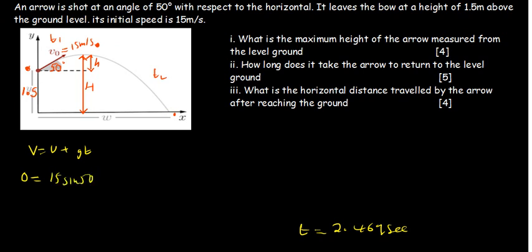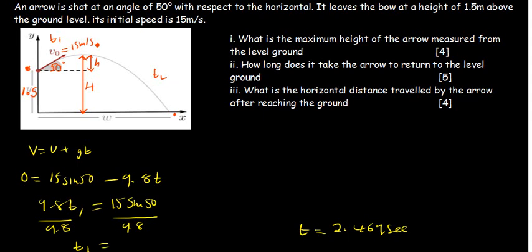Since we are going up, g is going to be negative 9.8. I'll take the 9.8 to the other side, and that will be equal to 15 sin 50. Divide both sides by 9.8. So this will give us T1 being equal to about 1.1725.